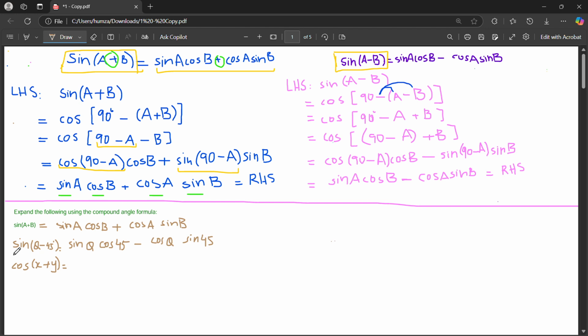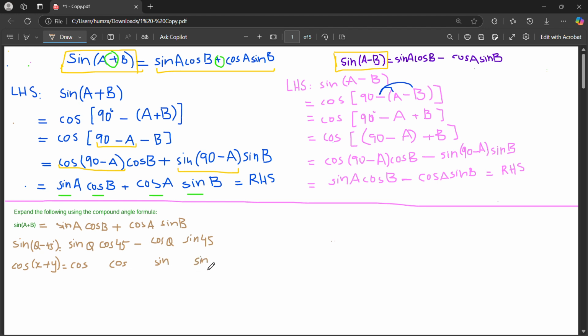So when we are looking at sin, we say the pattern is sin, cos, cos, sin. But when we are looking at the cos, the rule or the pattern says cos, cos, sin, sin. So the pattern here is your cos, and then we write cos again, leave little bit space out, and then we will write sin, and again we are going to write sin.